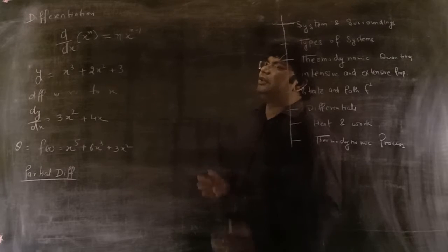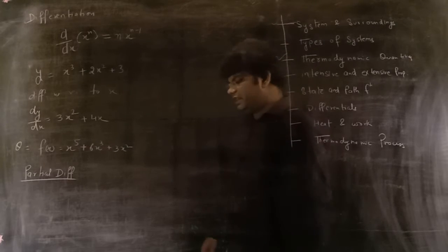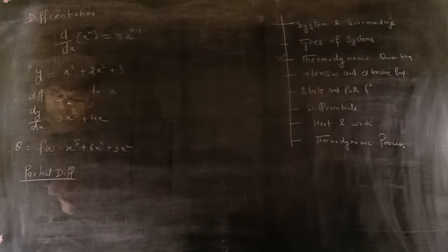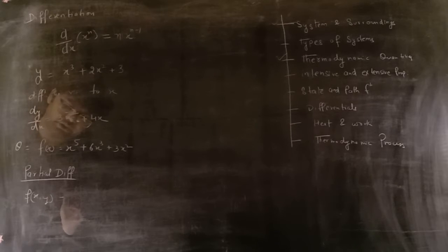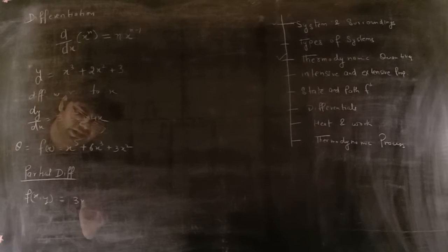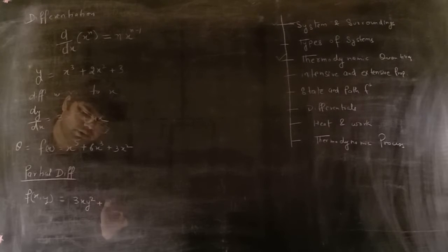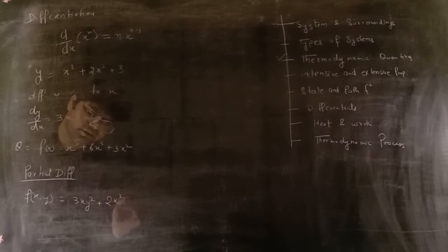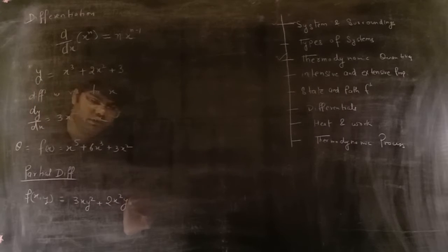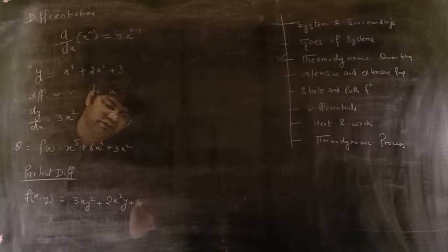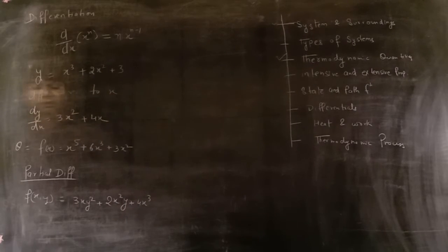Here the function is usually in 2 variables, like this: f(x,y) is equal to 3xy square plus 2x square y plus 4x cube. This is a function, f is a function of x and y.